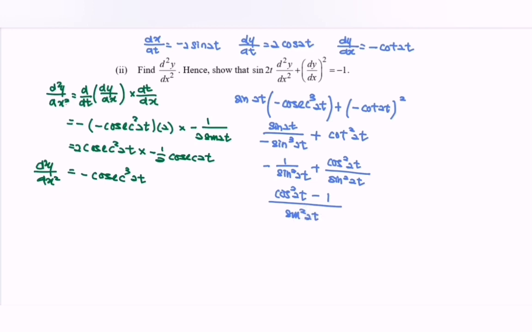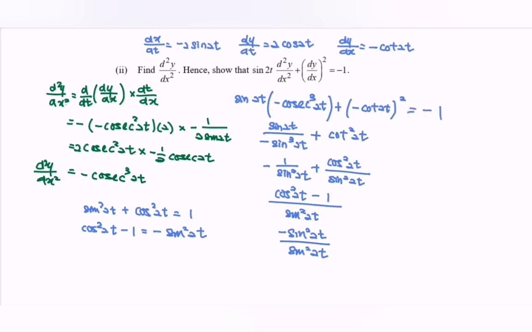Based on the basic identity, sine squared 2t plus cos squared 2t equals 1, so cos squared 2t minus 1 equals negative sine squared 2t. Substitute, we have negative sine squared 2t over sine squared 2t, where we have common terms, so the result is negative 1.